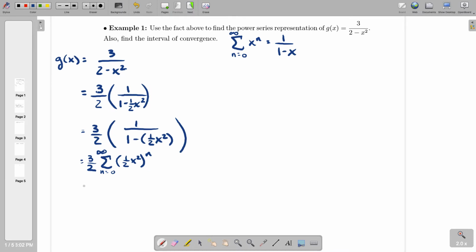And I can do a little bit of simplifying here, right? So this will be 3/2, n equals 0 up to infinity. And so I can distribute that exponent through, 1 to the n, 2 to the n, and then x squared to the n.